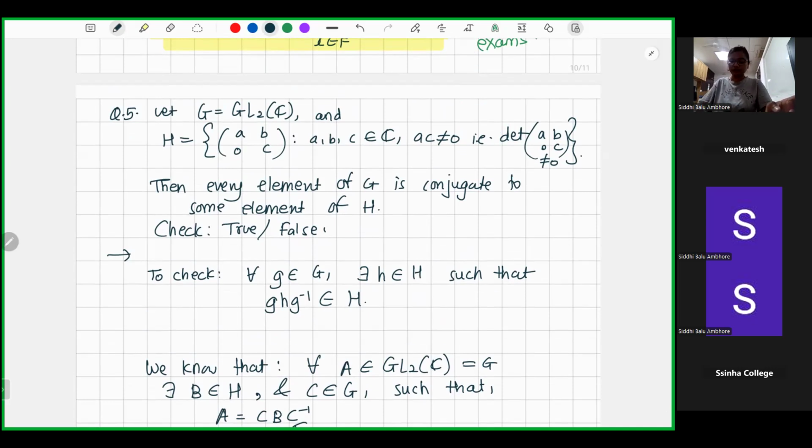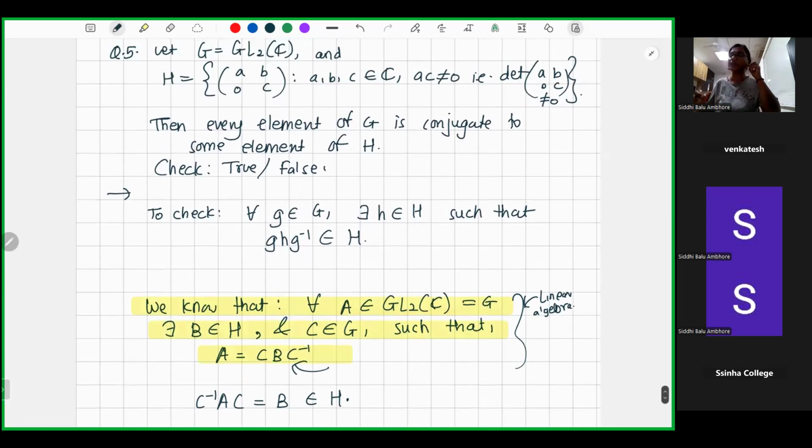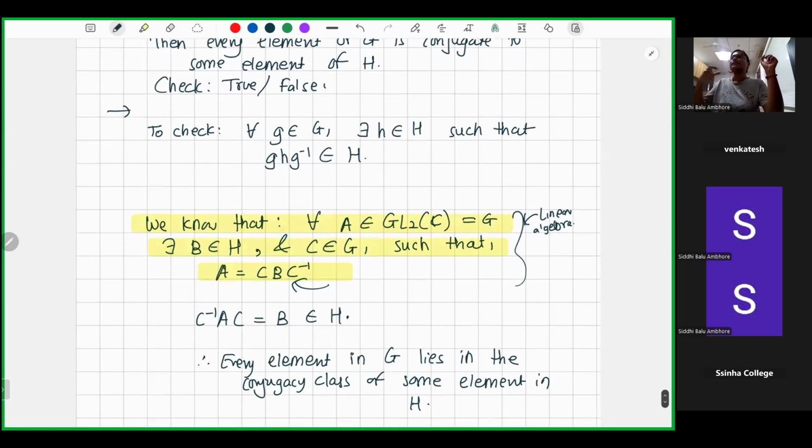Is this okay? I hope you know this, right? This statement here. If you do not, it comes from eigenvalues and eigenvectors: if you know how to calculate eigenspaces, then you can easily get the expression of this C here.